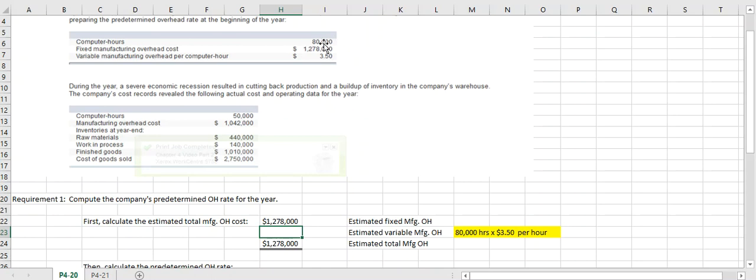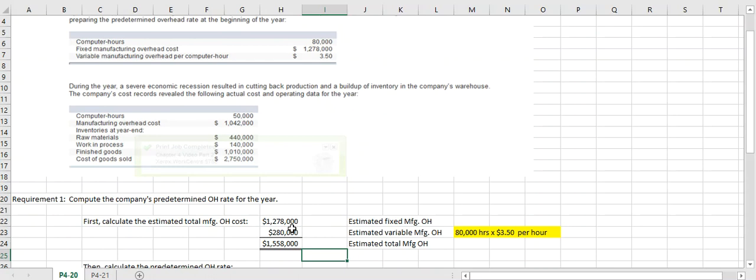So we can take this 80,000, multiply it by the rate per hour, and come up with our total estimated variable manufacturing overhead. So I'm going to do this down here in the box. It's going to be 80,000 hours times $3.50 an hour. It's $280,000. And over here in the yellow, I have indicated that's my formula that I use, just so we have it. We need to look back at it.